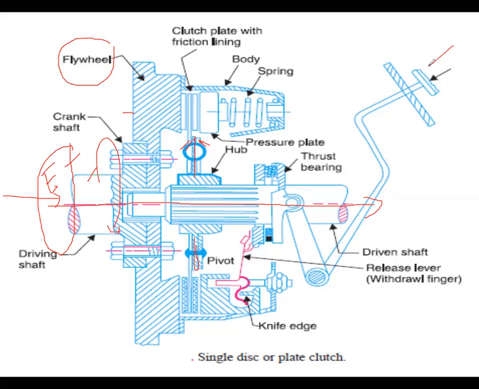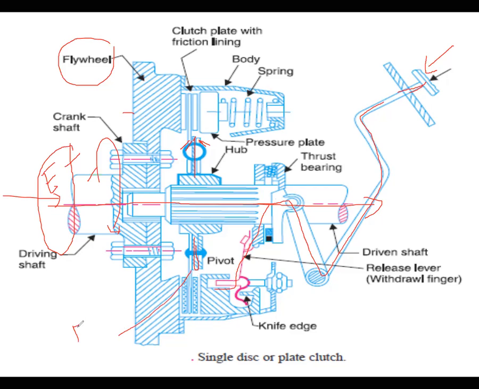Whenever the driver applies force through this pedal, the driver's pedal energy will pass along these movements. There is a pivot. The pivot will try to press this end of the drum, or we can say this is a fulcrum.